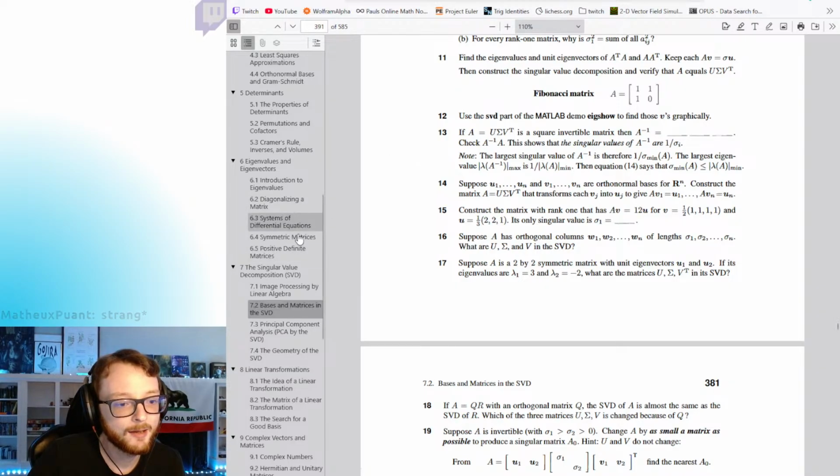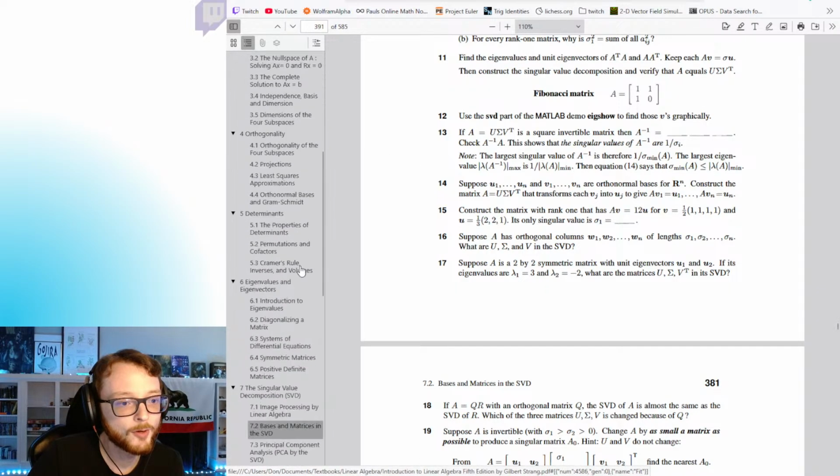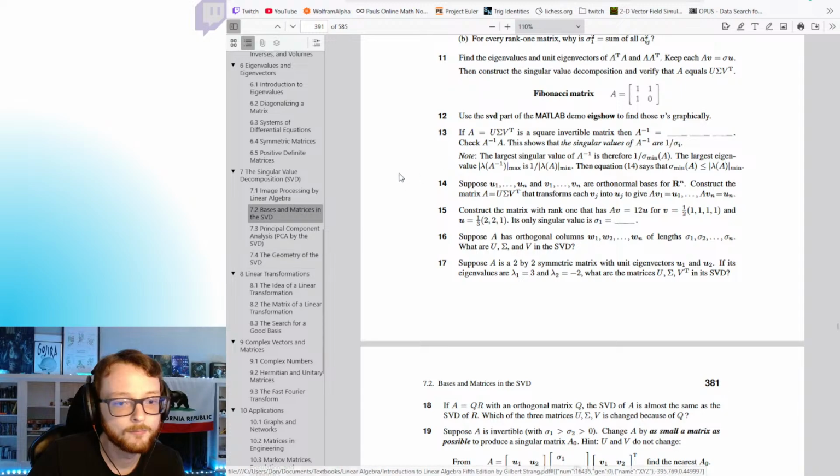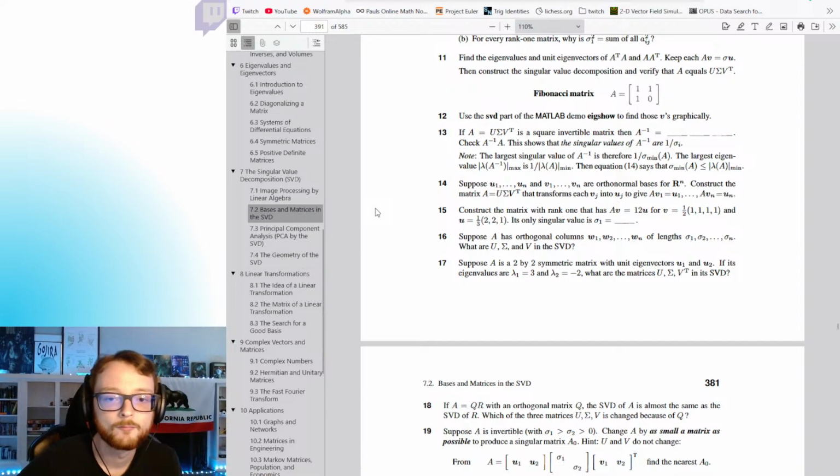But yeah, no, I'm not crazy about this book. It's good enough, but I don't think it's amazing. I guess it's focused on matrices. They use determinants a bit, but usually they avoid them, to be honest.